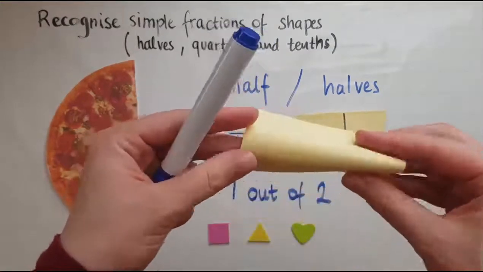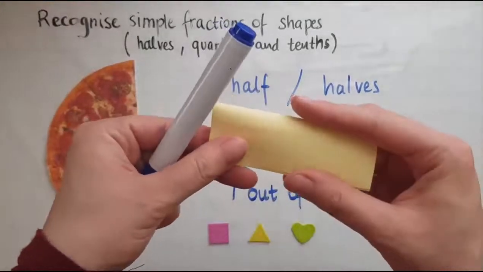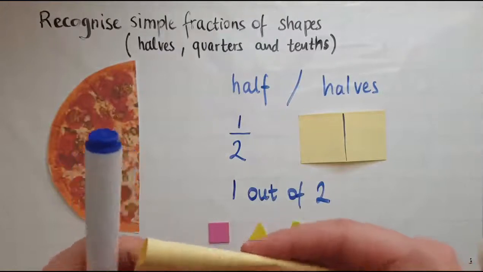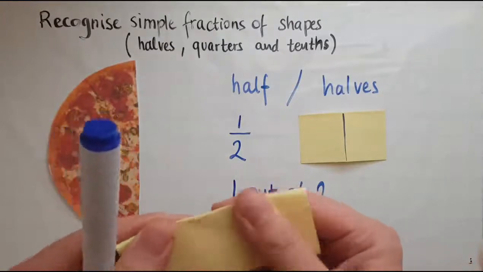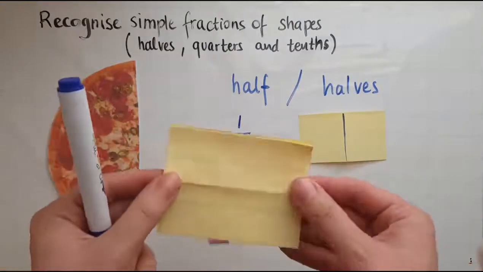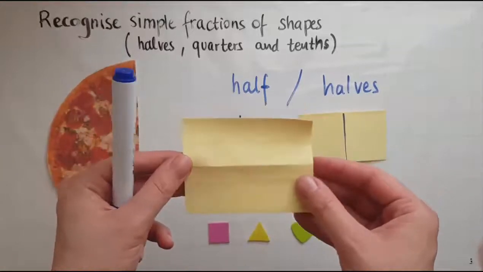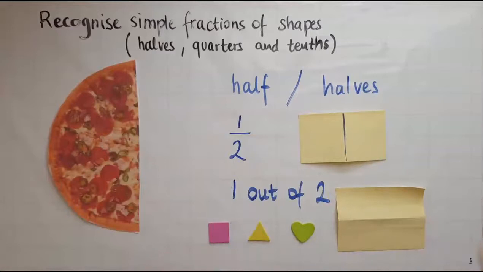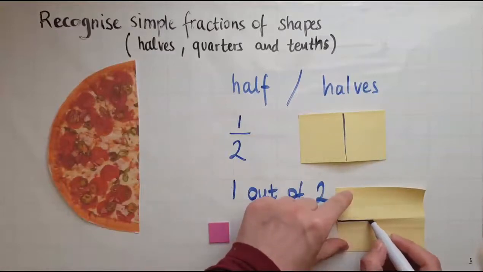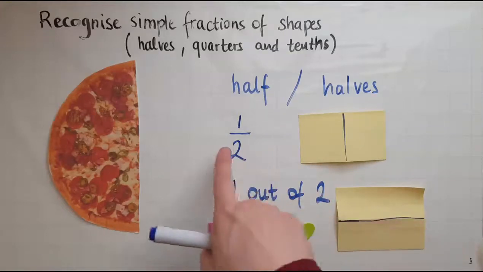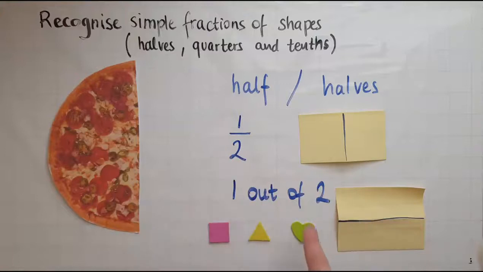I could have cut it this way in half. So that's another rectangle that I've cut in half. And that's how it looks. That's still cut in half. So one of these is 1 over 2, 1 out of 2, a half.